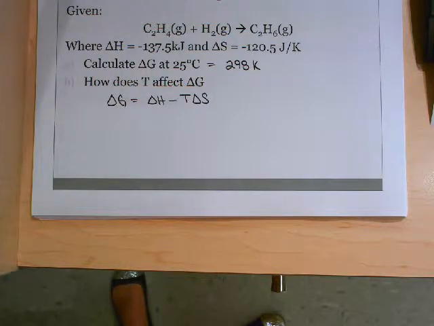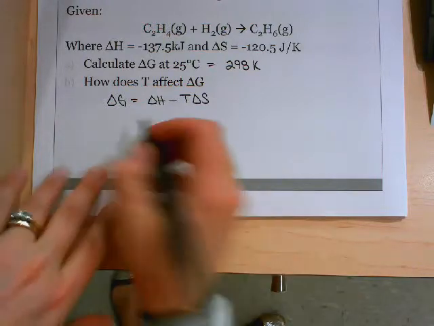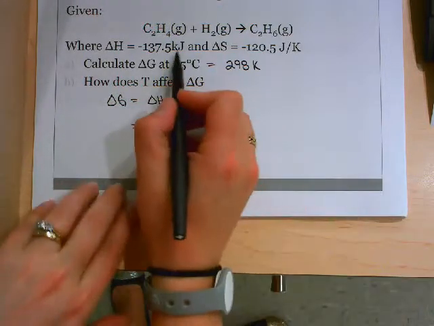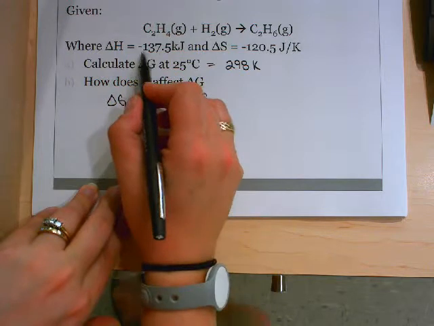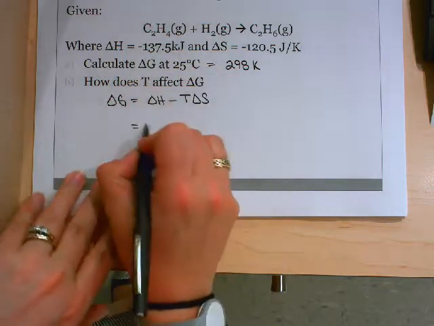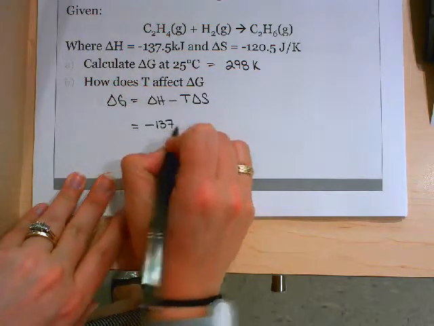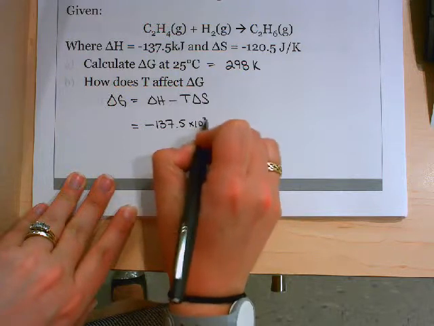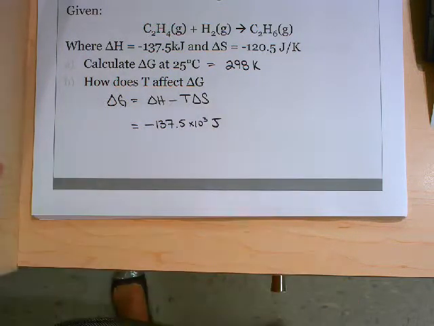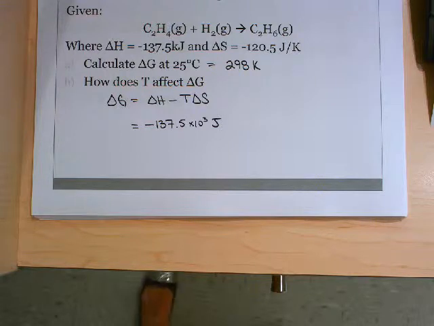I prefer working in joules all the time, but if you prefer kilojoules, that's fine too. I just like joules better because if I have negative 137.5 kilojoules, if I just add that times 10 to the third at the end, I'm instantly in joules. Instajoules, that's right, we should patent that.